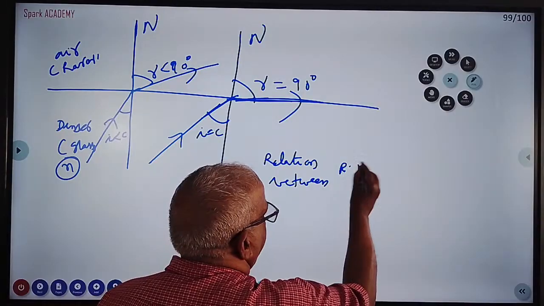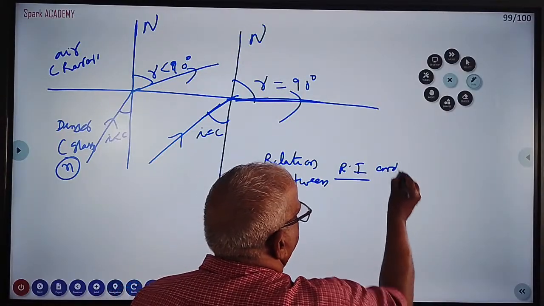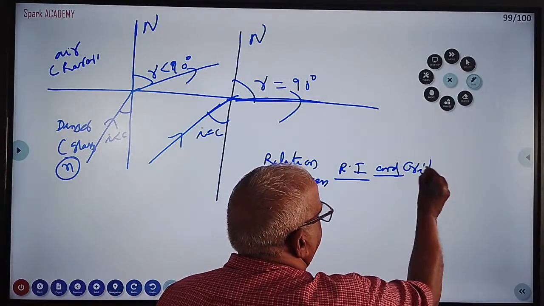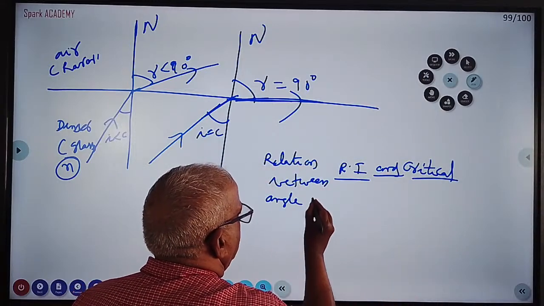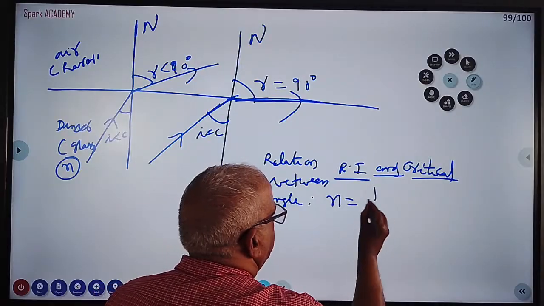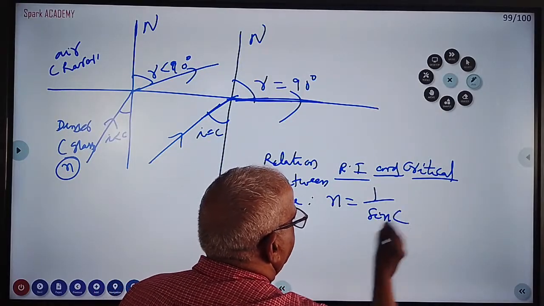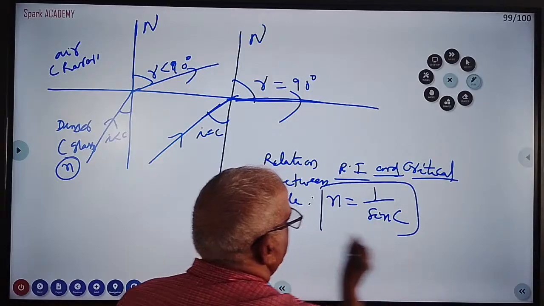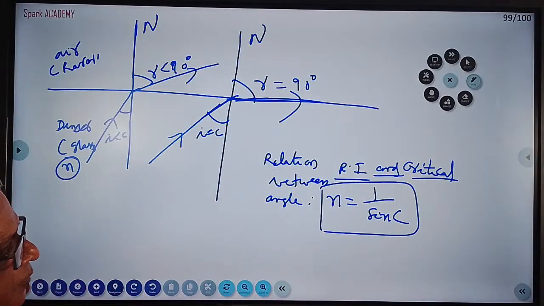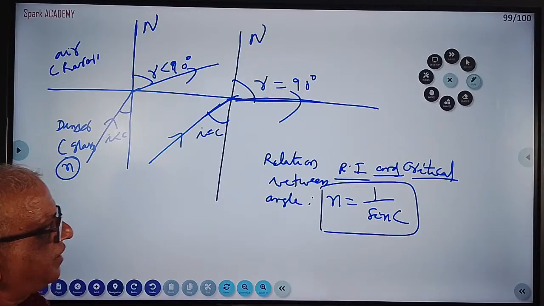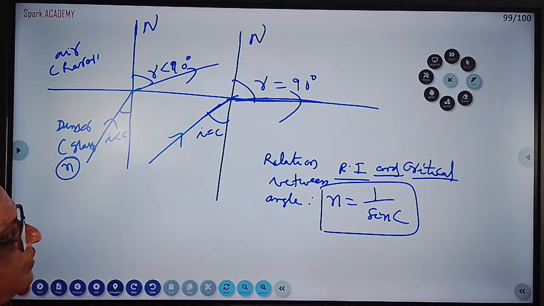If you can write the relation it is better, otherwise also they will give marks. By Snell's law, n is equal to 1 by sin c, as one angle is 90 degrees. Refractive index n or mu is equal to 1 by sin c. Refractive index is inversely proportional to sin of critical angle. More the refractive index, less the critical angle. This is the diagram for critical angle.